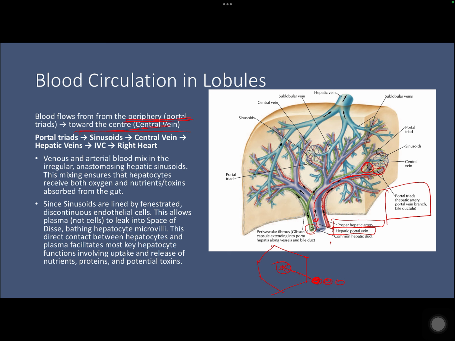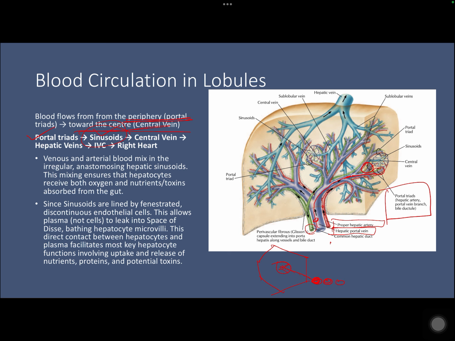That's why we say in the lobules blood flows from the periphery towards the center. So blood first enters the portal triad, and from the portal triad the blood goes into the sinusoids. The portal triad consists of a branch of the portal vein and a hepatic artery. These two blood vessels join together and form the hepatic sinusoids.